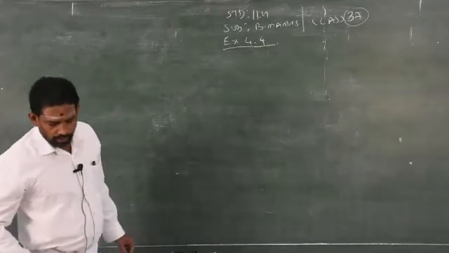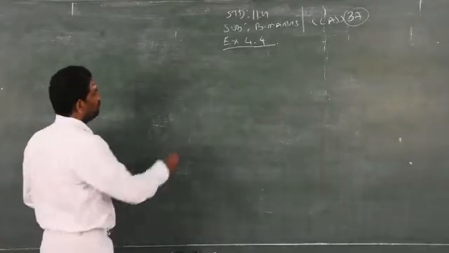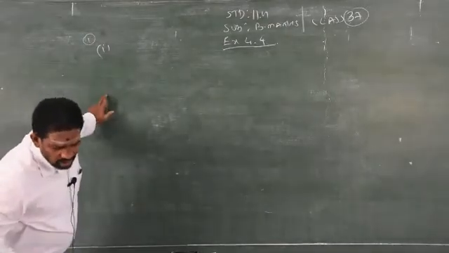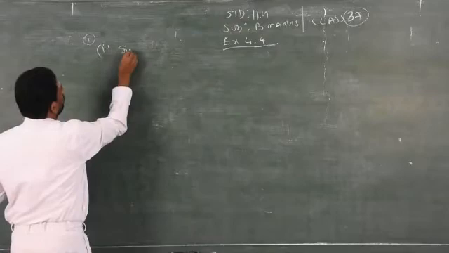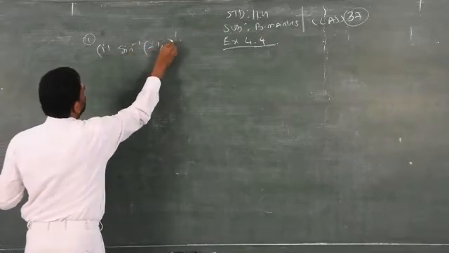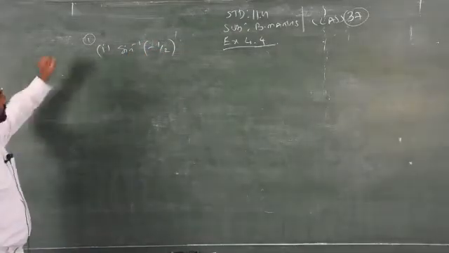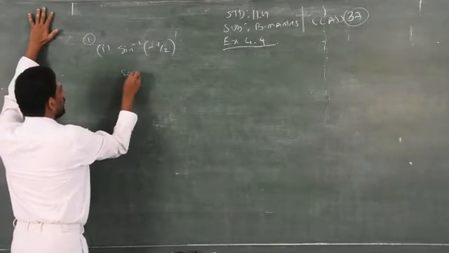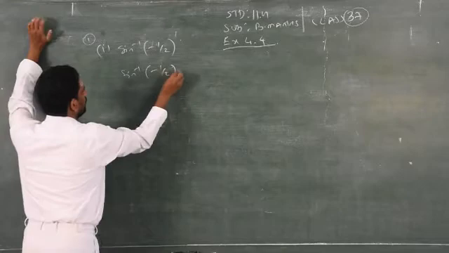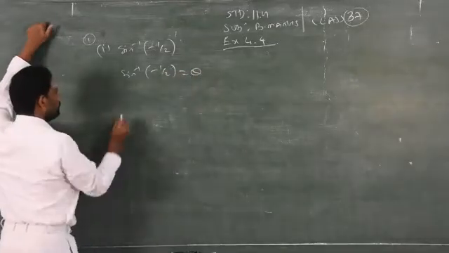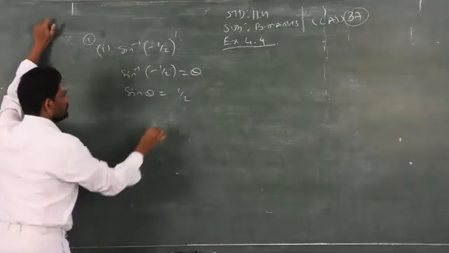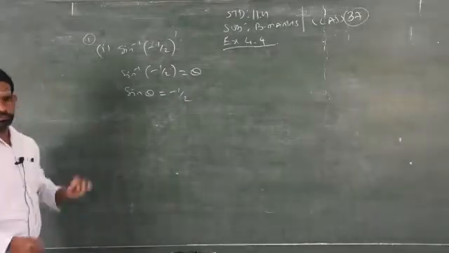Now find the principal value of the following. Question number 1, subdivision number 1: sine inverse of minus 1 by 2. You have to find the principal value of this. So I consider sine inverse of minus 1 by 2 is equal to theta, that is, sine theta is equal to minus 1 by 2.